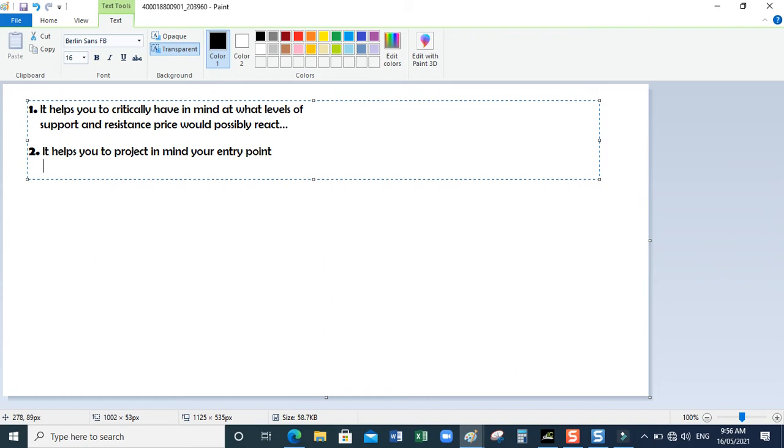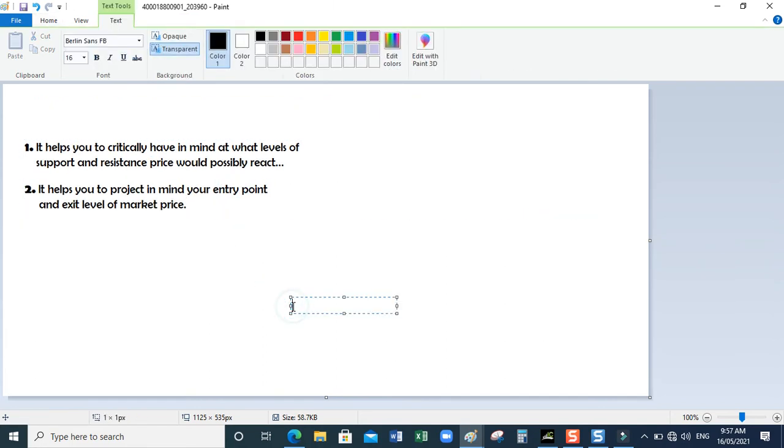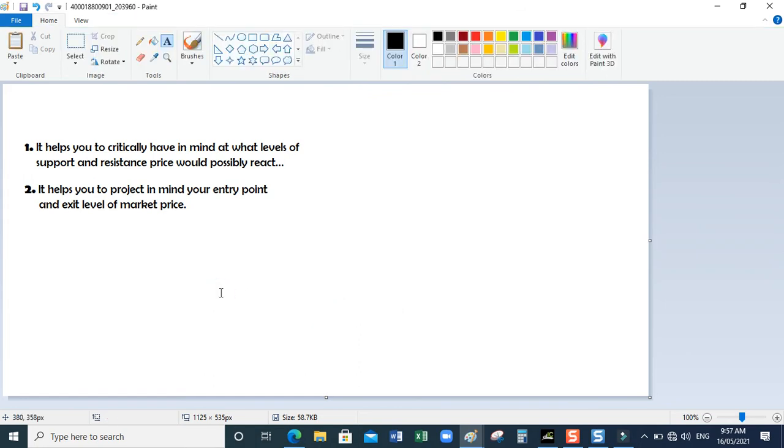That means when price gets to this level, please enter for me, and when it expands to this level, exit. So it helps you to fix those points and project in mind your entry point and exit level of market price. These are the two important uses for why we prefer to use Fibonacci levels.